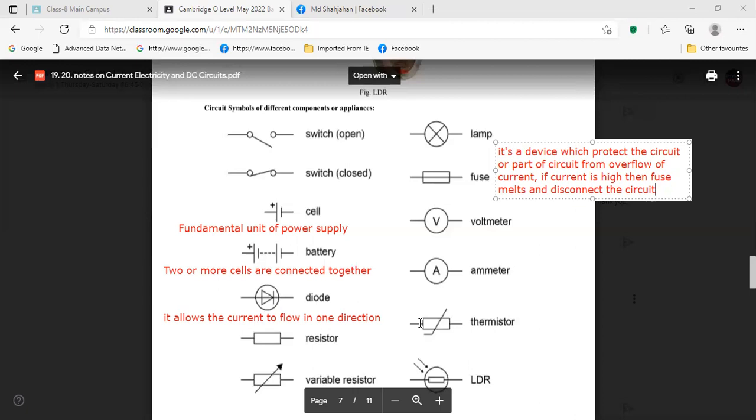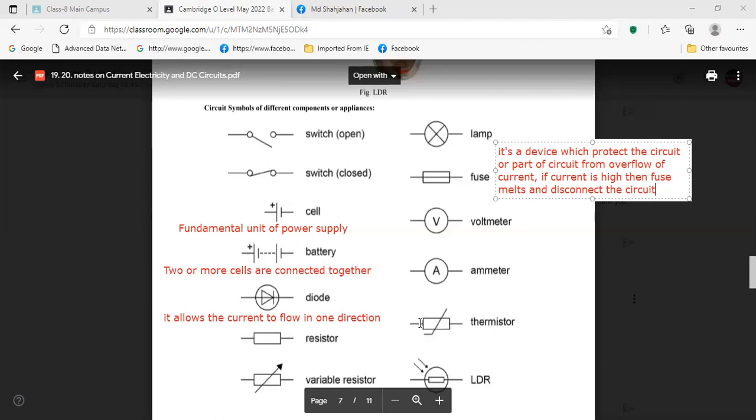LDR is related to light. So when light is more, then resistance decreases. When light falls on the resistor LDR, its resistance decreases.